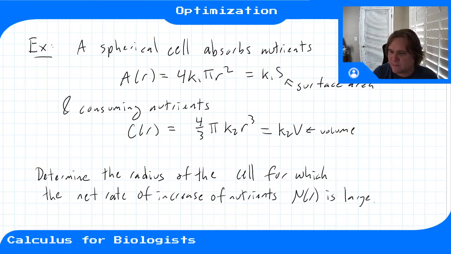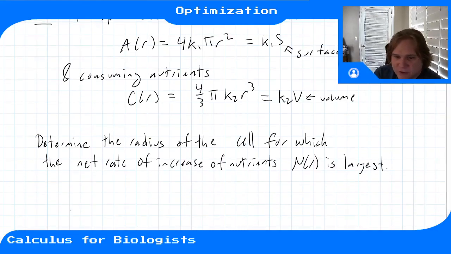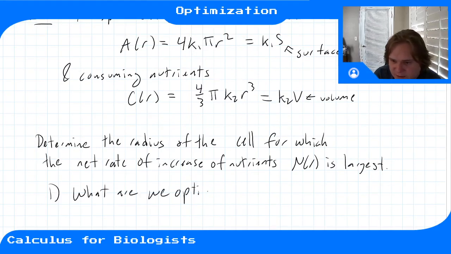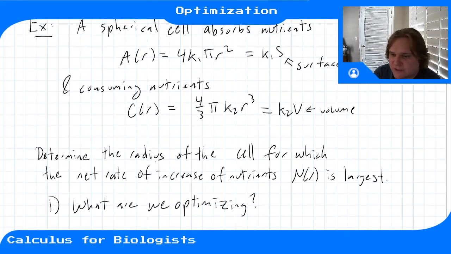With these applied optimization problems, you want to first figure out the function that you're trying to optimize and then optimize it. So step one is you need to figure out what we are optimizing. Based on this context, we're trying to determine the radius for which the net rate of increase N of r is biggest.